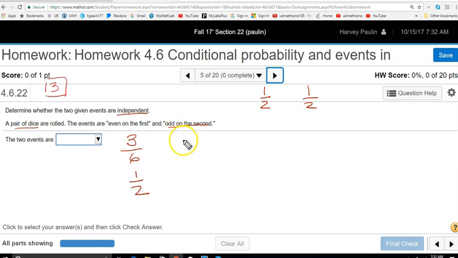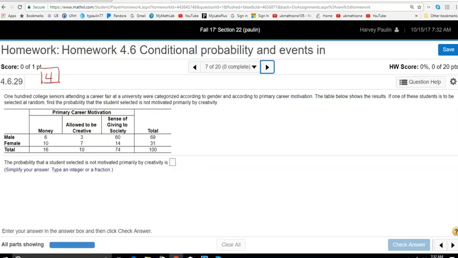Well, in that other die, it's odd: 1, 3, 5 is 3 out of 6. So that would also be 1/2. Now, the probabilities of these events are equal. Therefore, we say these events are going to be independent.